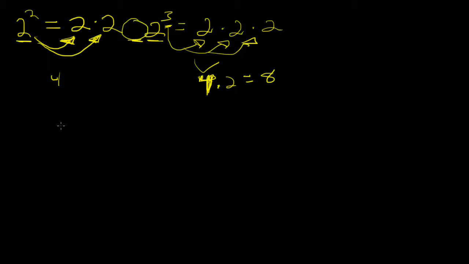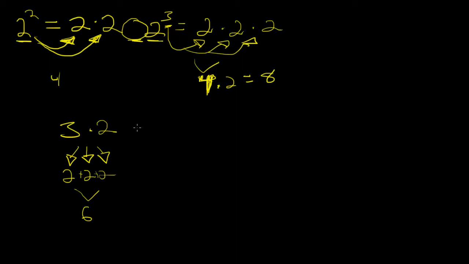So, for example, if you had 3 times 2, what you're really saying is that you have an addition of 3 2's. It's like saying, I have a set of 3 2's, and I'm going to add them together. 3 times 2 equals 2 plus 2 plus 2, where 2 plus 2 is 4, plus 2 equals 6.